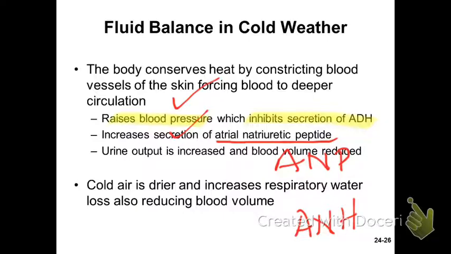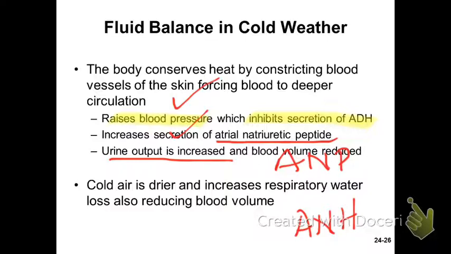Well, ANP then travels to the kidney, and as you would expect, the kidney is now going to increase its output to, again, reduce the blood volume and reduce the blood pressure. Okay? So you've got ADH and ANP, two hormones that are helping to regulate your blood pressure. One released by the hypothalamus and the posterior pituitary, the other released by the heart itself.